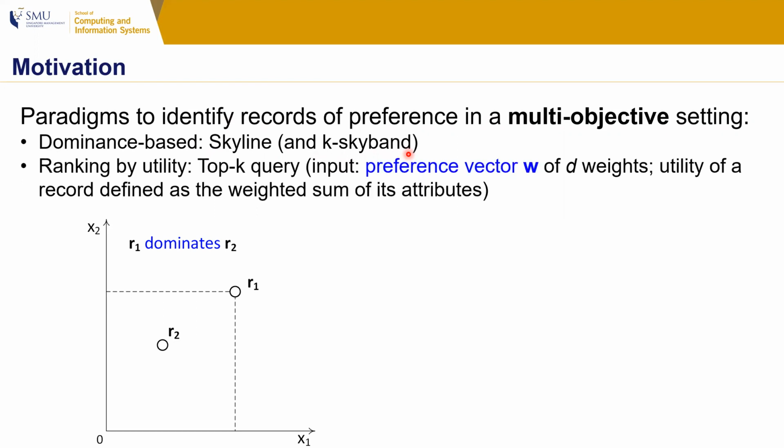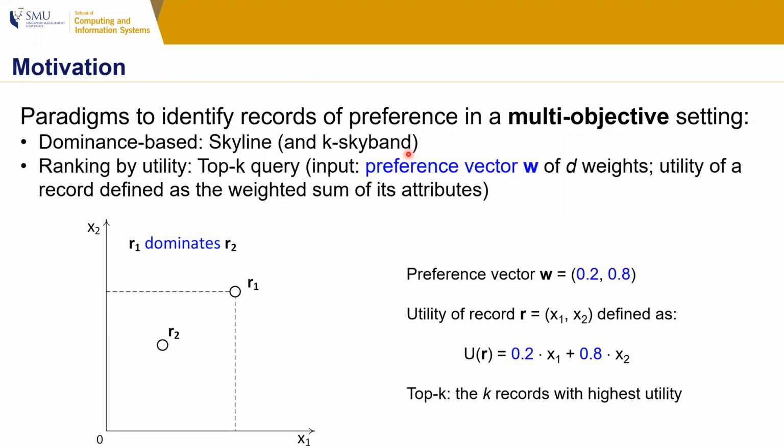An alternative paradigm is to rank records by utility. In this situation, if we assume a two-dimensional example, meaning that our records have two attributes, the user is supposed to input a preference vector W that has two weights.